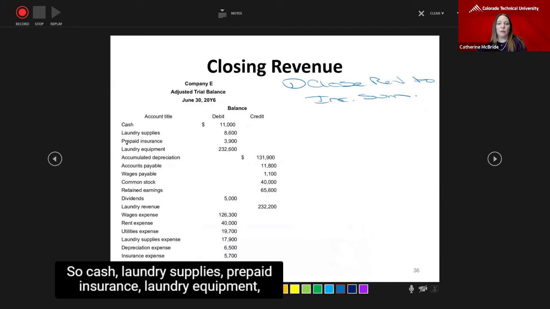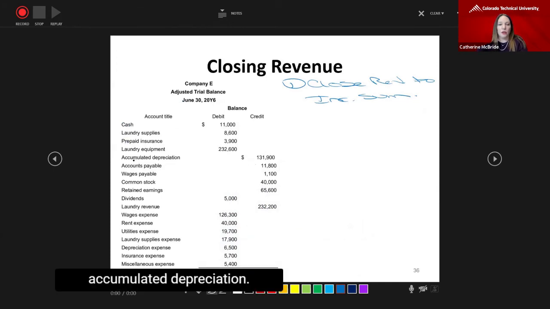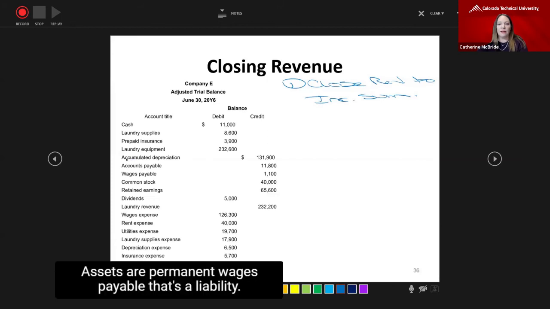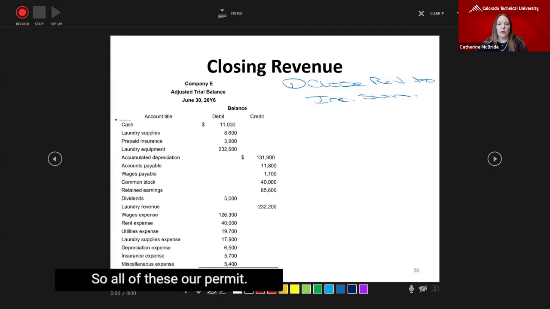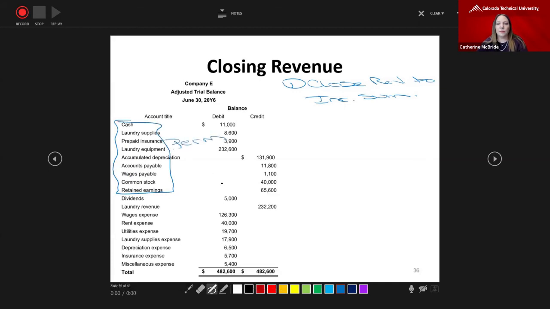Cash, laundry supplies, prepaid insurance, laundry equipment, accumulated depreciation, these are all assets. Assets are permanent. Wages payable and accounts payable are liabilities, and liabilities are permanent. Common stock is permanent, retained earnings are permanent. So all of these are permanent. We're not worried about them.